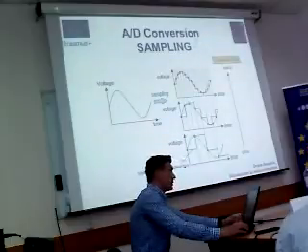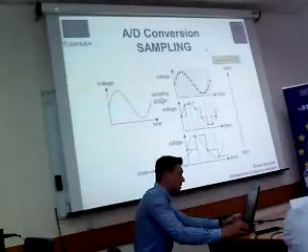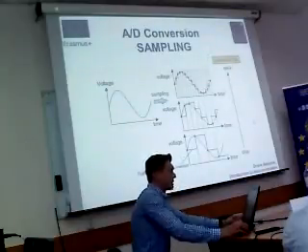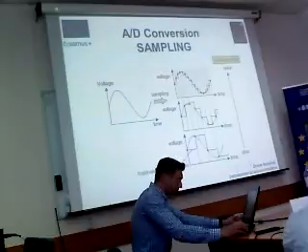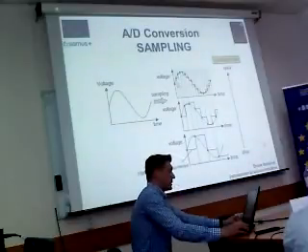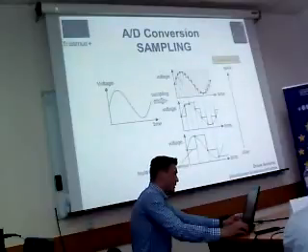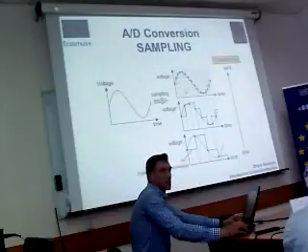And the parameter in the analog decimal converter is the sampling time, or on the other hand, it's sampling rate. So the higher the sampling time is, the lower the sampling rate is.